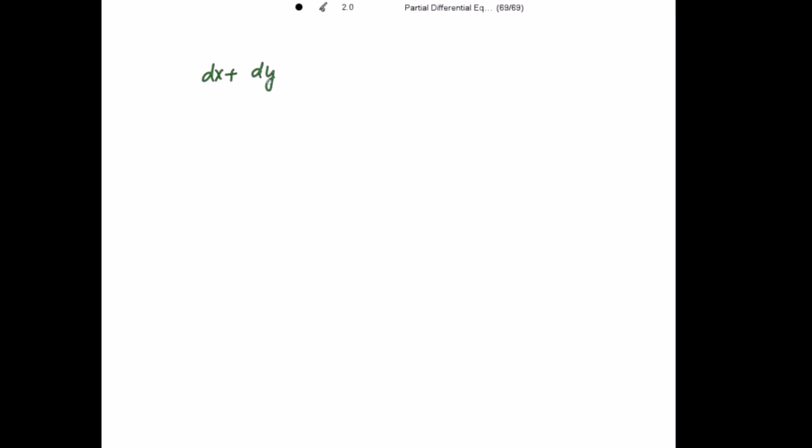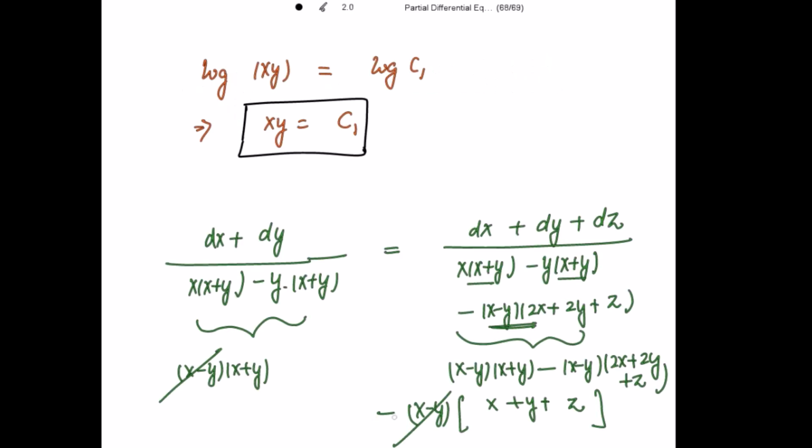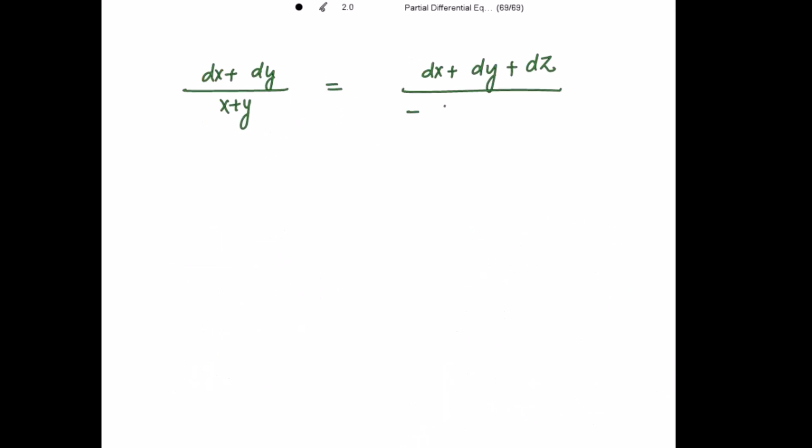(dx + dy)/(x + y) equals (dx + dy + dz) divided by, it is negative of, (x + y + z). Right?